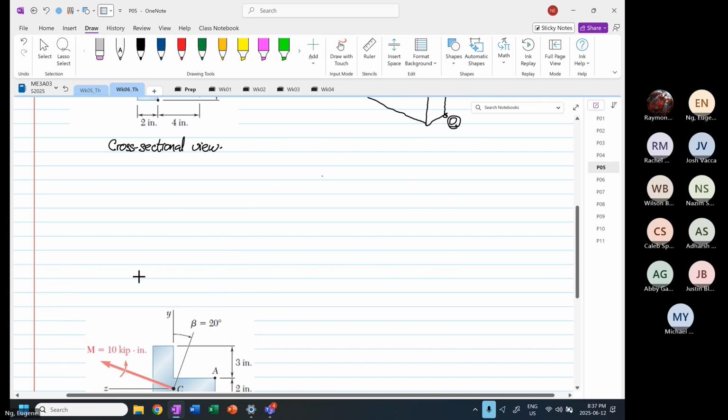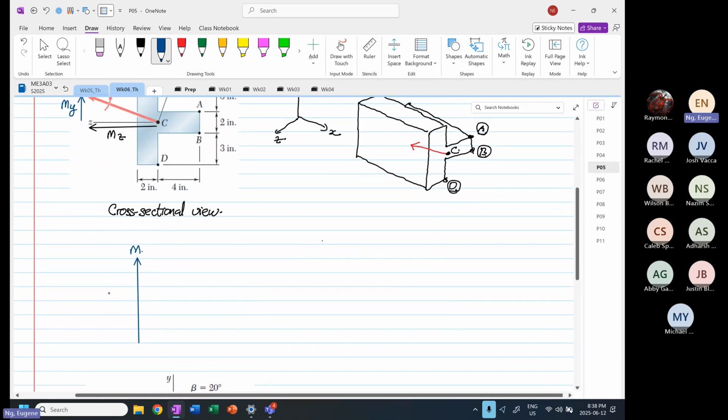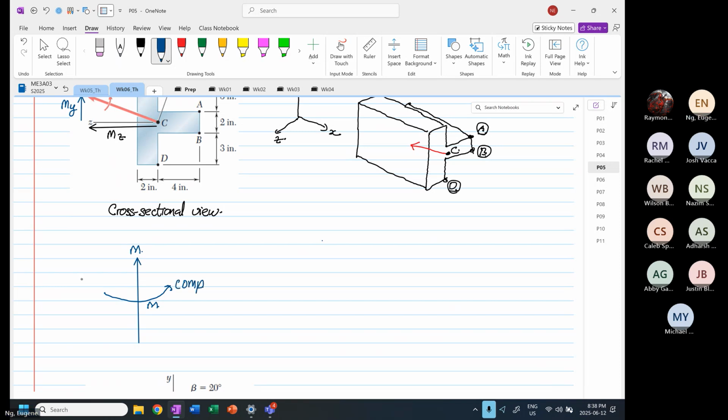If this is our moment, and we use our right hand with the thumb pointing up, this is the moment vector. So this is going to be compression. This is going to be tension.